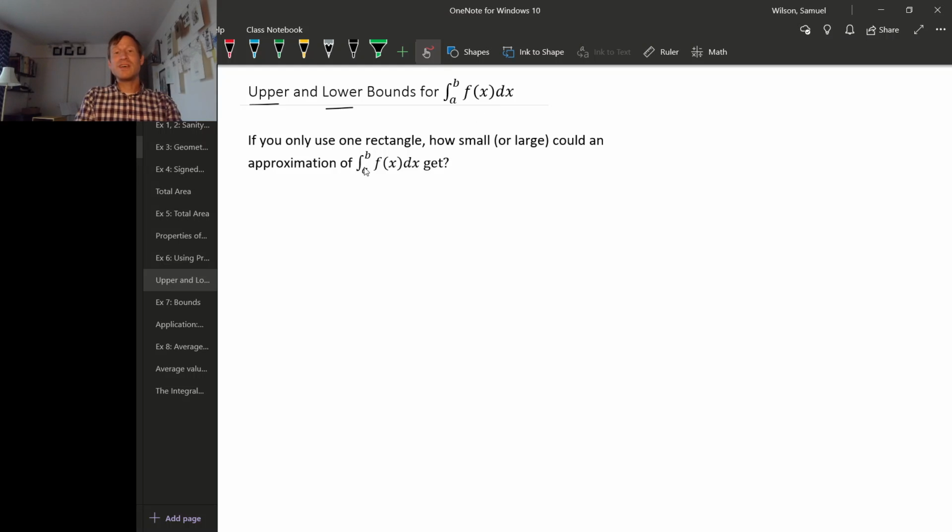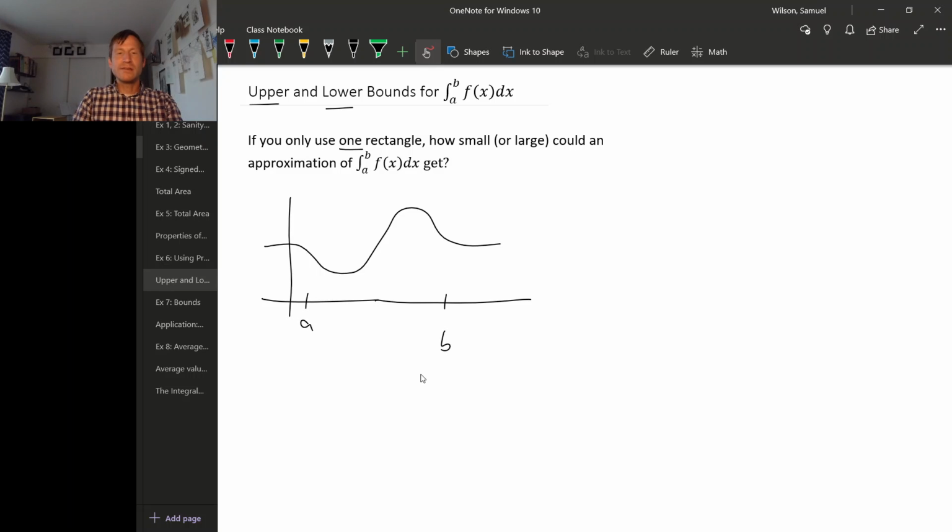And what we're going to do is approximate the area that we get from this integral using just a single rectangle. So to get this started, let's draw what a function might look like, something like this. And let's have some x values, so say we're going from a to b, like this.